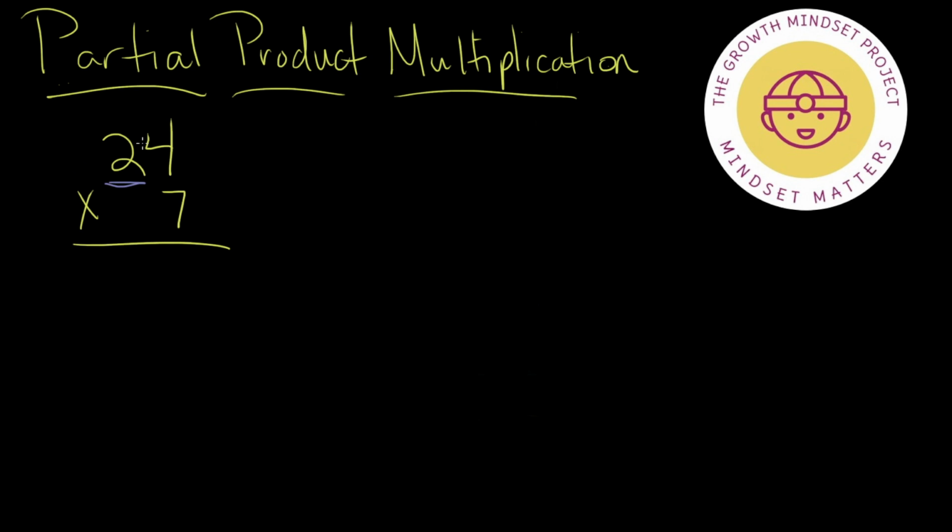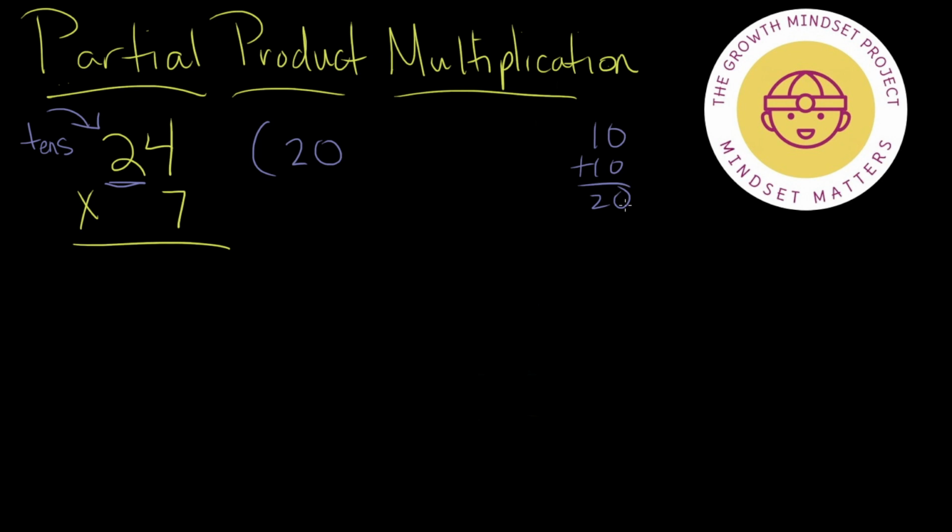So when we look at this 2, we know that this isn't really a 2. It's not worth 2. It's not like I have $2, because this is in the tens place. So we know 2 tens is really like having 20. If I have 10 and then I have another 10, that gives me 20.